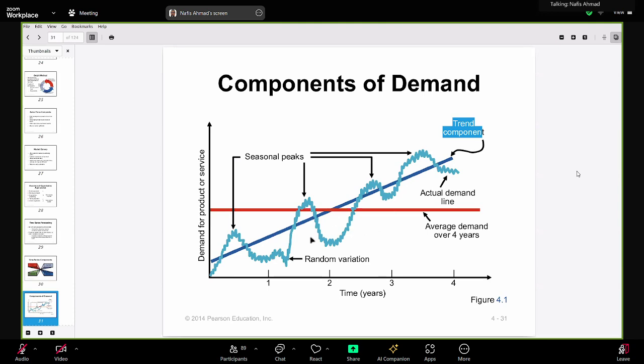Then there is some seasonal variation. Say, for example, demand for khatas or stationery items increases at the beginning of the year, when all the schools start the new academic year.